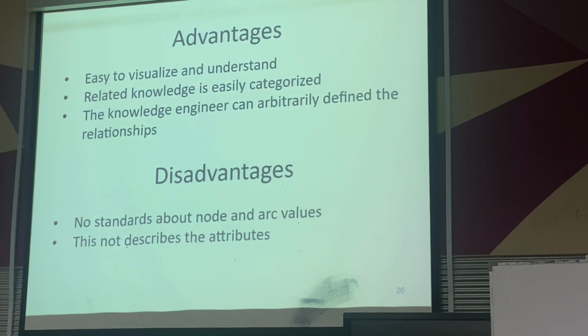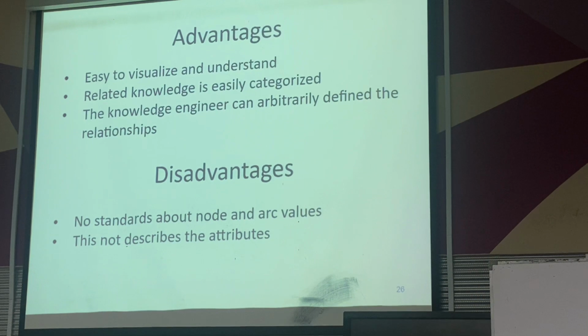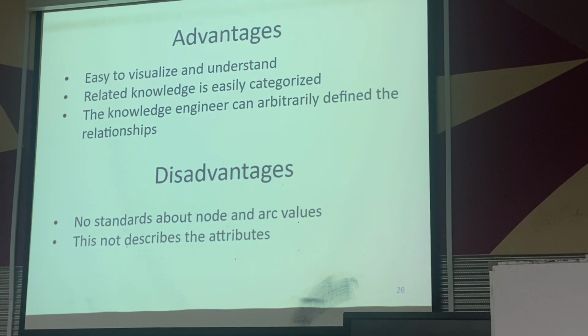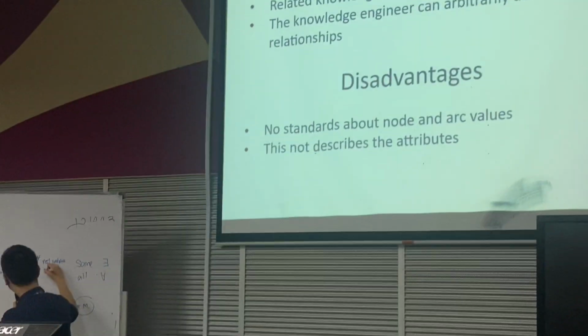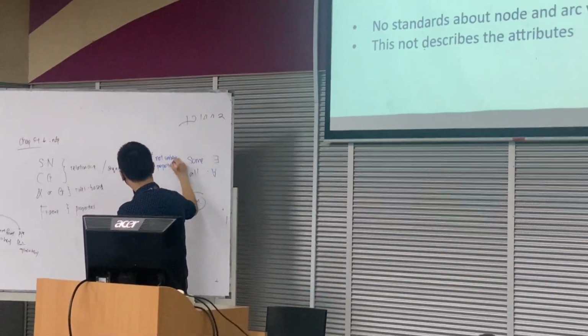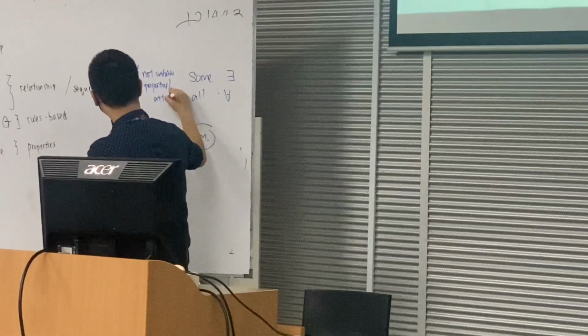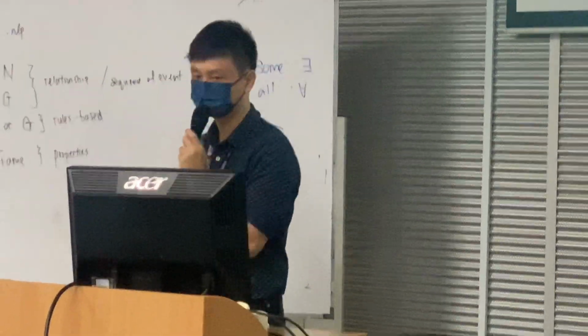Every user may have different interpretations and use different keywords to represent the concept, and it is not suitable to describe the attributes. Remember, it is not suitable to describe the properties or the attributes. Okay, it is not suitable.